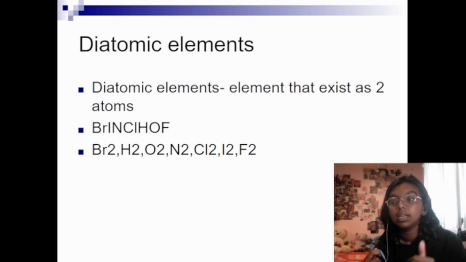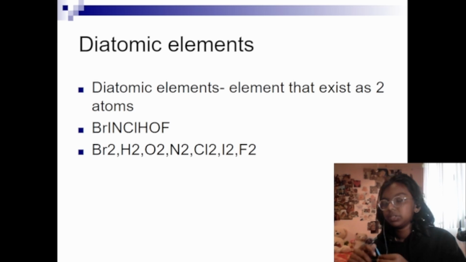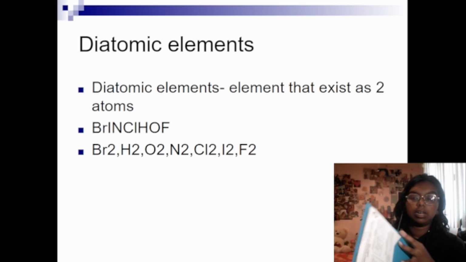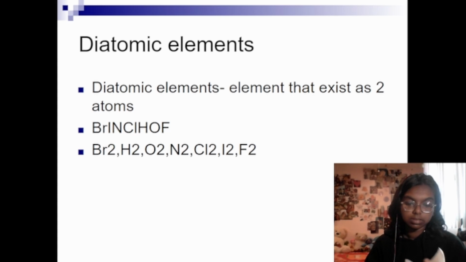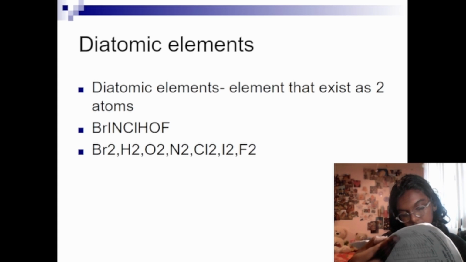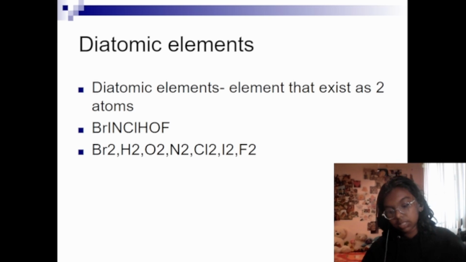So yeah, bromine always comes as Br2, hydrogen H2, oxygen O2, nitrogen N2, chlorine Cl2, iodine I2, and fluorine F2. Pretty sure it's fluorine. Hold on, let me check real quick. Yeah, fluorine. Just making sure.